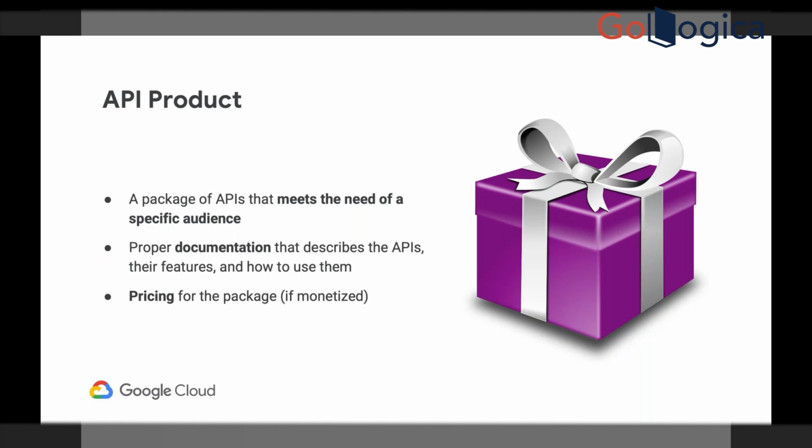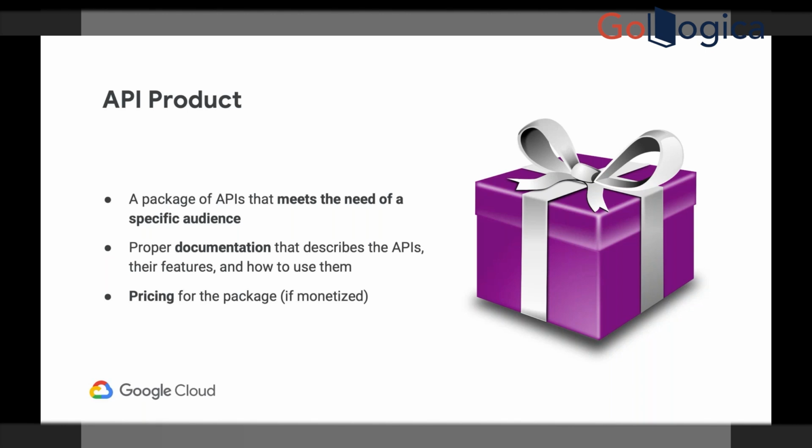When we are building an API product, we provide documentation, usually the OpenAPI spec. That documentation specifies the features, which APIs are part of this product, the details about each API, and how to use the API. All kinds of information we provide alongside the product.